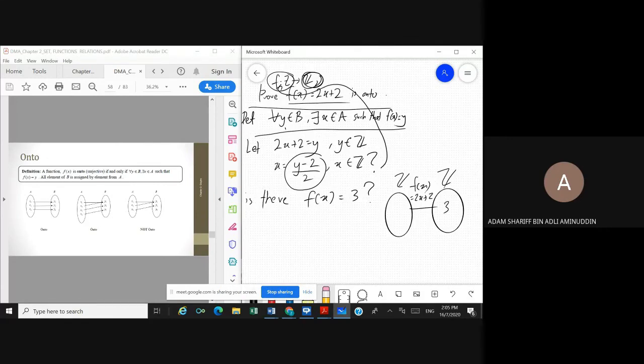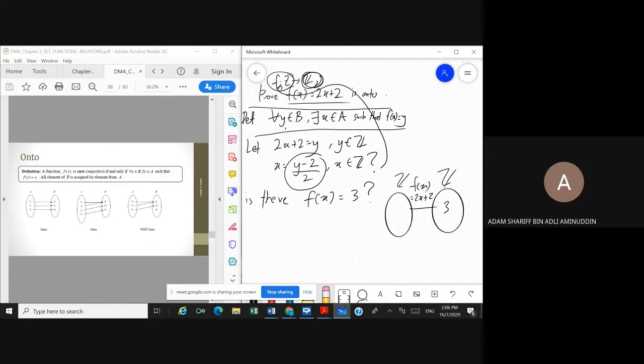If this element exists here, what is the x? Ada tak? Is there such an x which is assigned to 3? The answer is no, right?